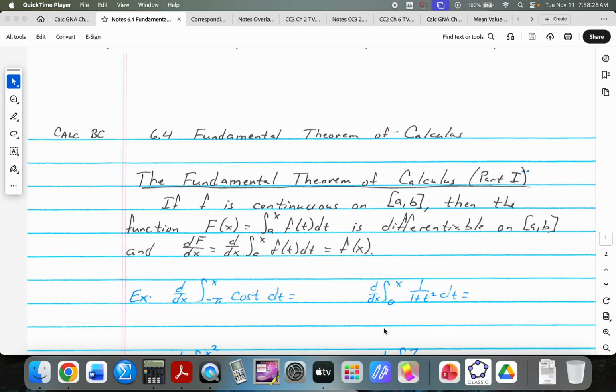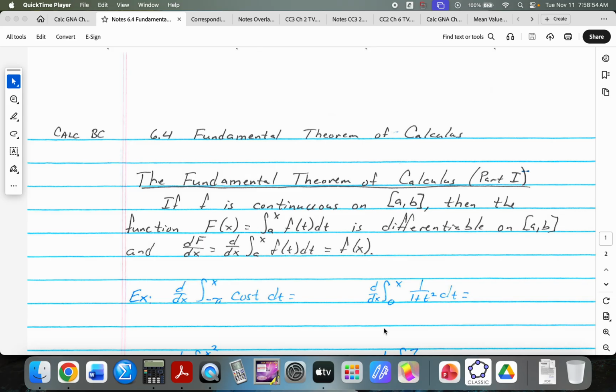Integral calculus and derivative calculus were developed sort of separately, and no one really understood that they're actually related to one another, right? And so the fundamental theorem relates how derivatives and integrals are related to one another.